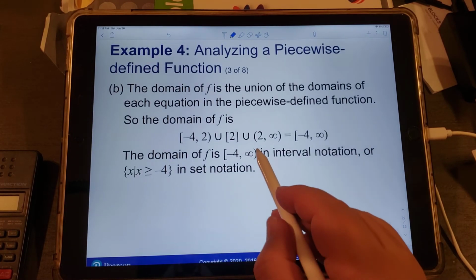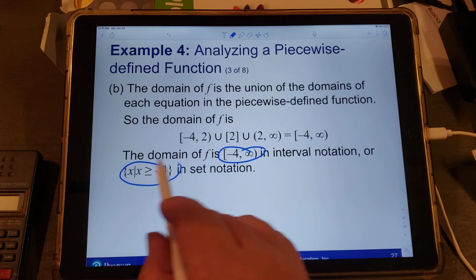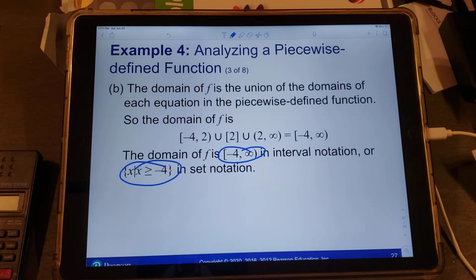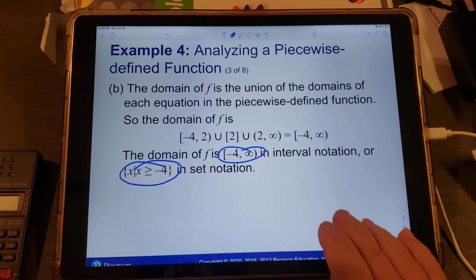There we go. Domain: x is greater than or equal to -4. Just so you know, that's a very common question. I knew I was going to find it. That's how common it was.